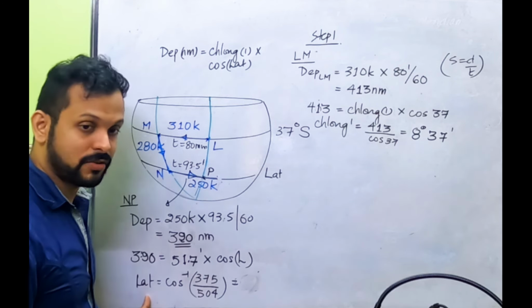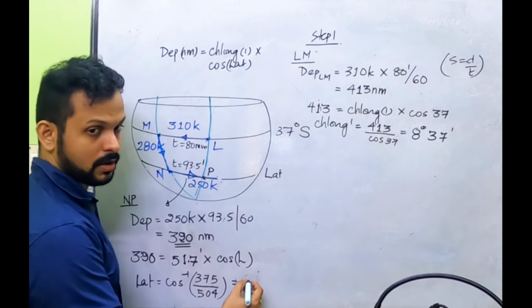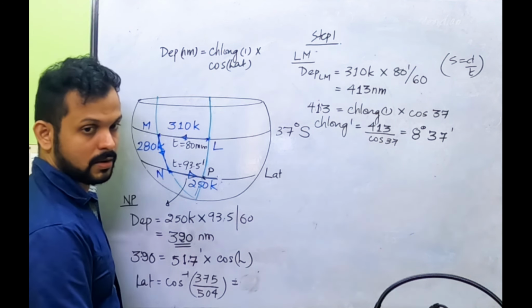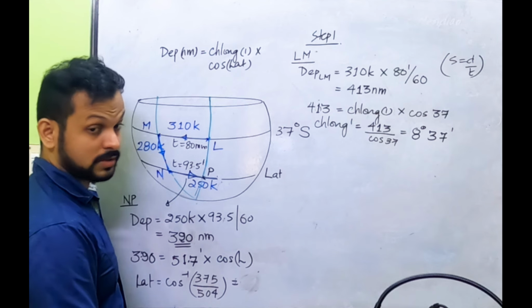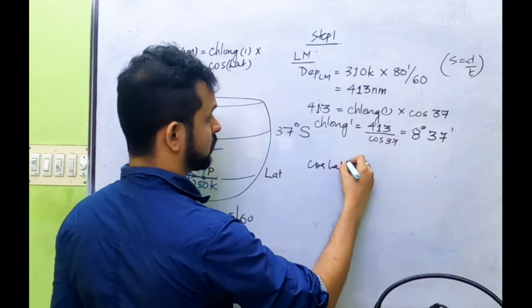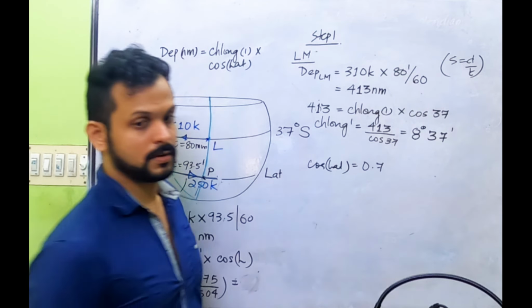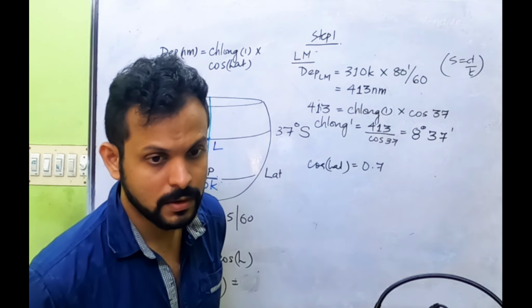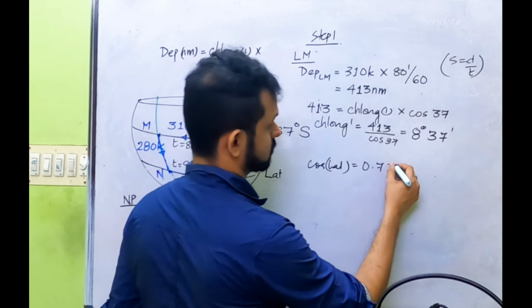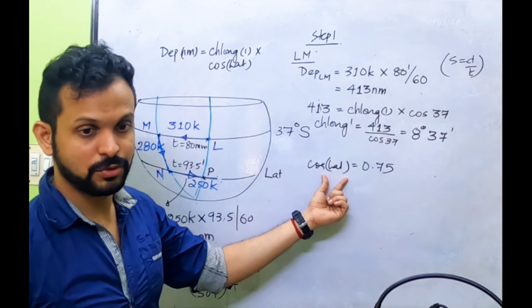And how do you find the latitude from that? Cos inverse of 0.75. How much is that? How to find cos inverse? Cos of latitude is how much you said? 0.75. Now you are stuck here and you want to know how to find the latitude here, right?